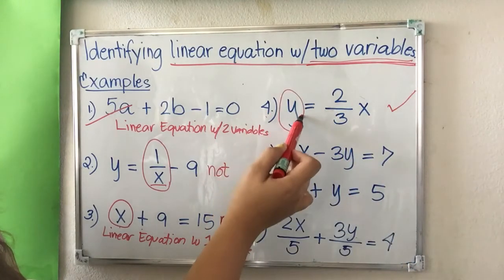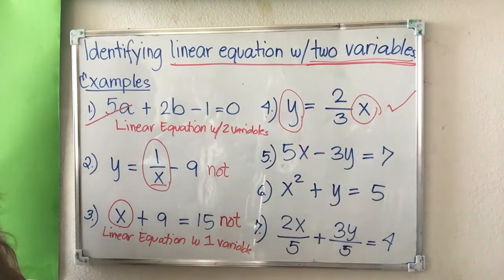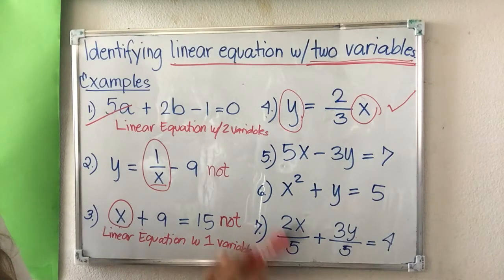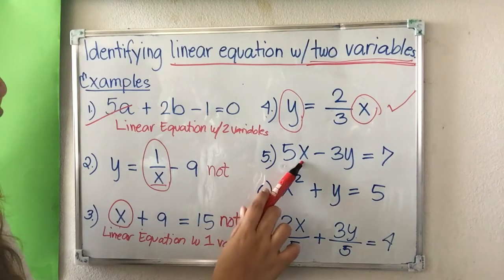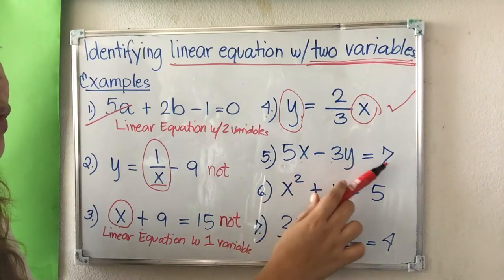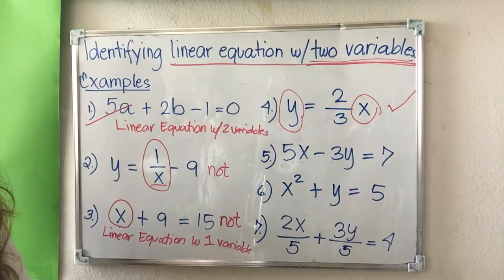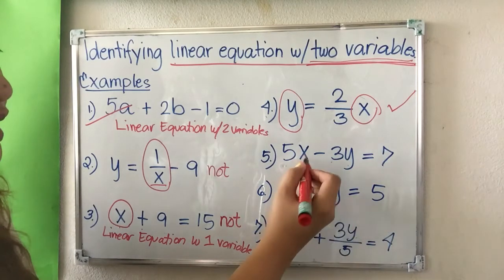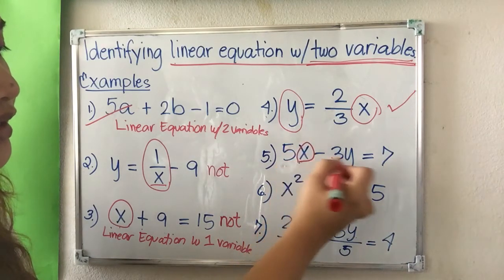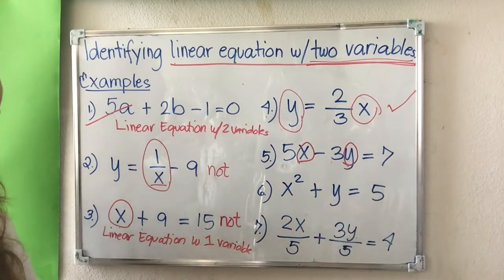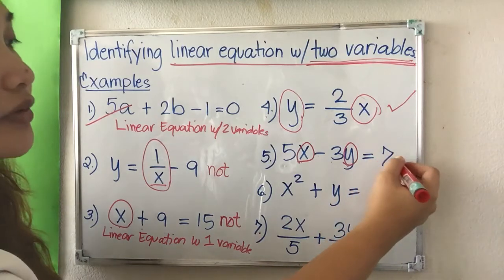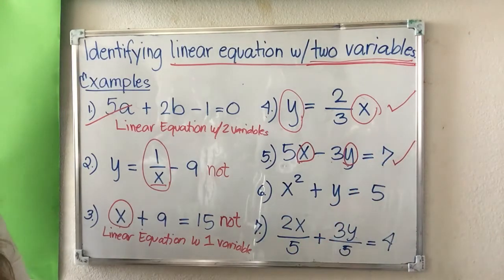We have one variable and the other variable. Next, number 5 equation, we have 5x minus 3y is equal to 7. Yes, it has variable x and variable y, two different variables. So this one is a linear equation with two variables.